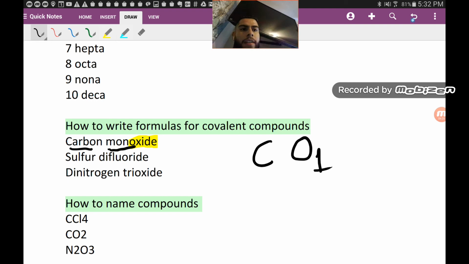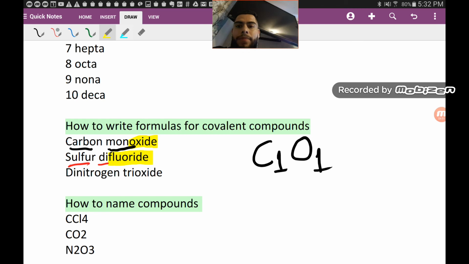If we look at another example, sulfur difluoride. Sulfur is the element, and then di is the prefix, and then fluoride is telling us that we have fluorine in the compound.